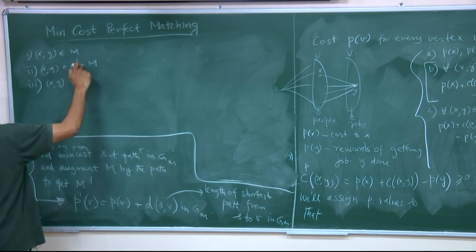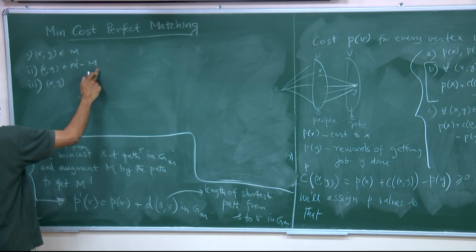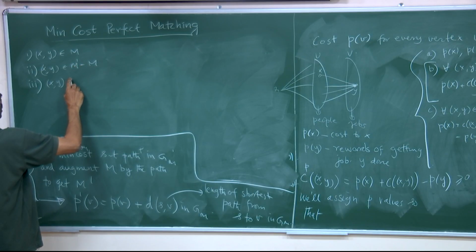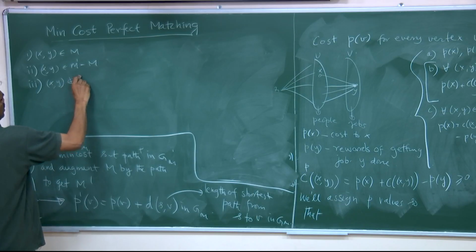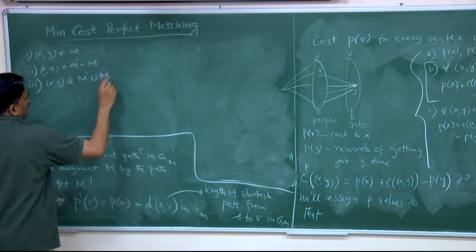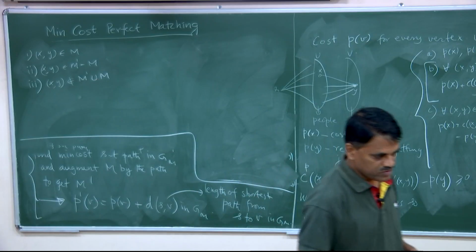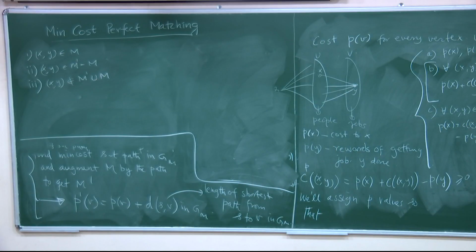For a matching, if it's in M prime but not in the original matching, these are three conditions I want to verify, because anything in M prime, I have a stricter condition I want to satisfy.